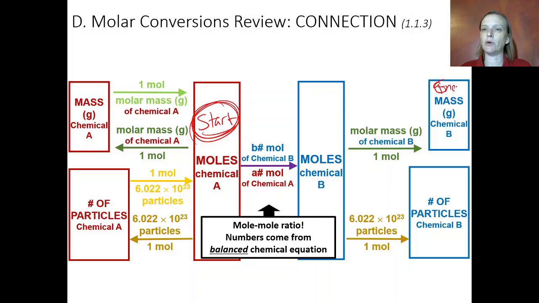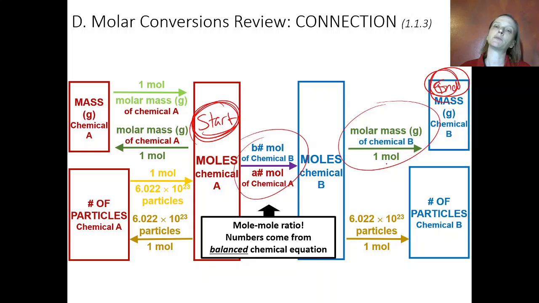I want to see how many arrows it takes me to get from my starting point to my ending point. It takes 1, 2. And those are the two conversion factors I need. The first conversion factor I need is a mole-mole ratio. And the second conversion factor I need involves molar mass, converting between moles and grams.